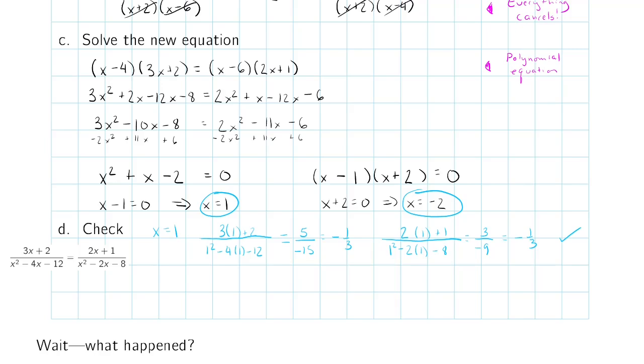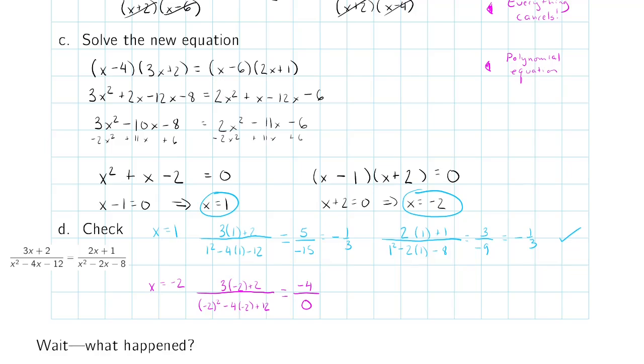But look what happens when I try x equals negative 2. I'll have 3 times negative 2 plus 2 over negative 2 squared minus 4 times negative 2 minus 12. That's going to work out to negative 4 over 0. That's undefined.